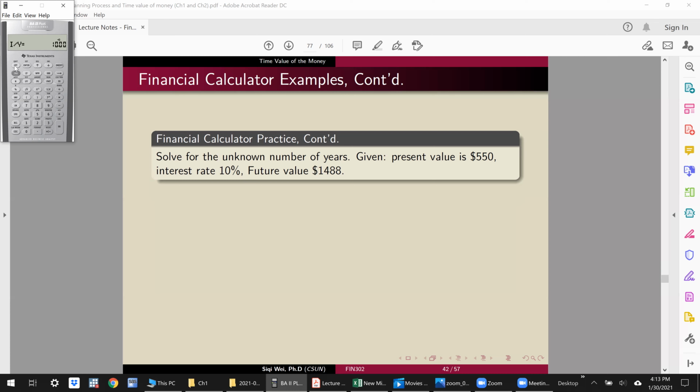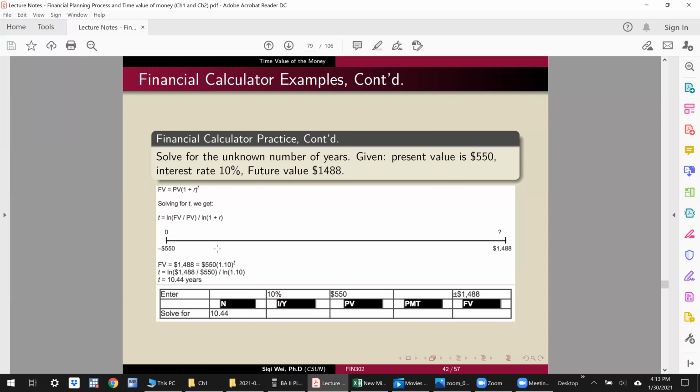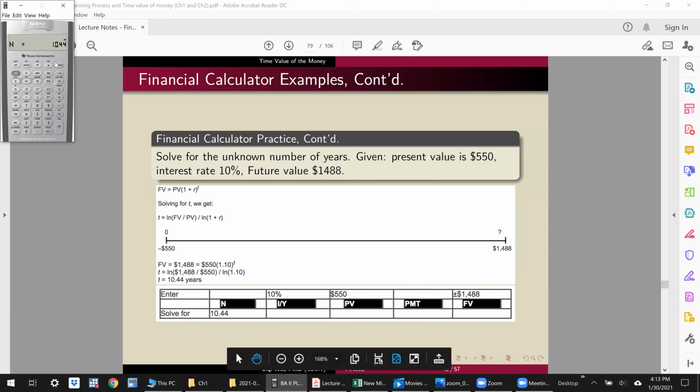Now you compute your number of compounding periods. So it's 10.44. Sorry, my mouse is too sensitive. So it's 10.44, right? It's very straightforward.